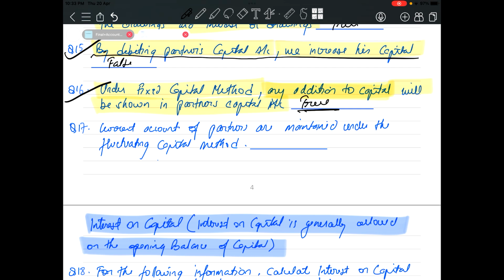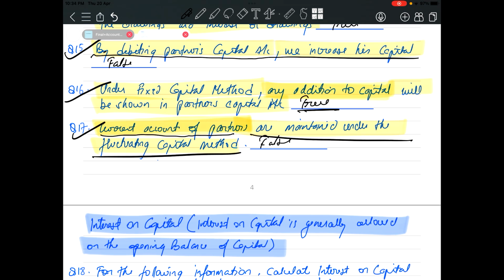Now come to question number 17. What is question number 17 saying? Current accounts of partners are maintained under the fluctuating capital method. Is this statement true? No, this is false. Why? Let's read it again. No, under the fluctuating capital method we prepare only the partners' capital account.